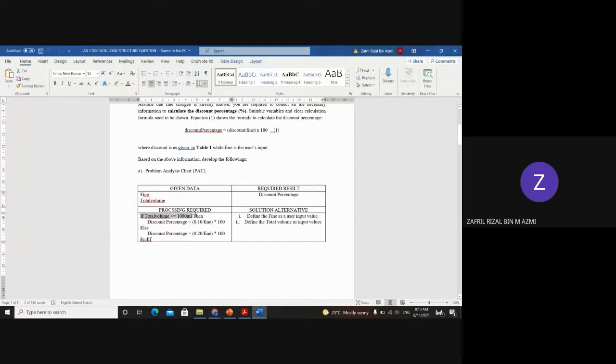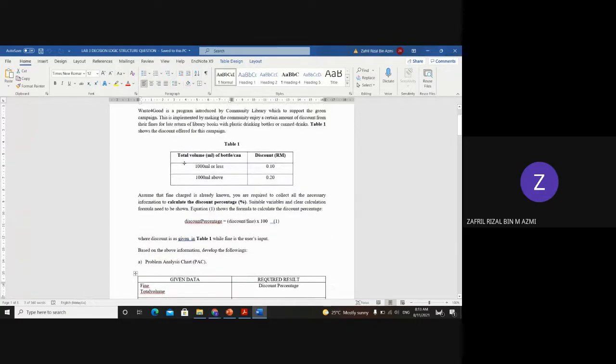This is correct, is it? Based on this, 1000 ml or less. This is actually clear, it is including 1000.